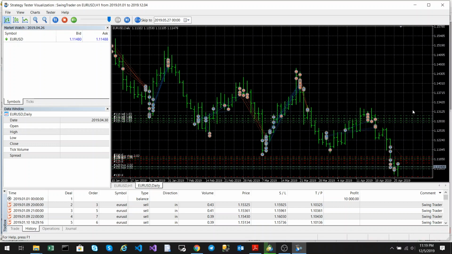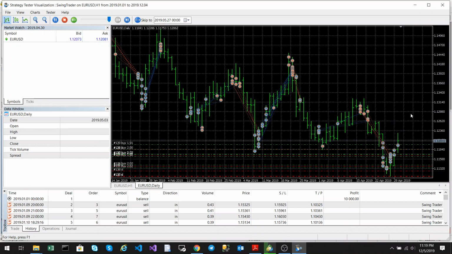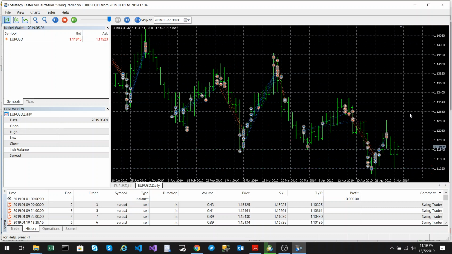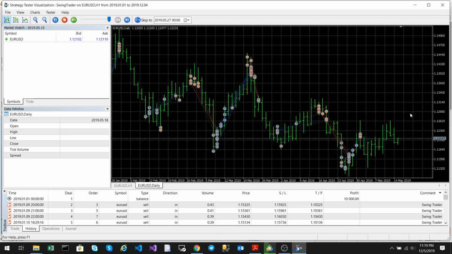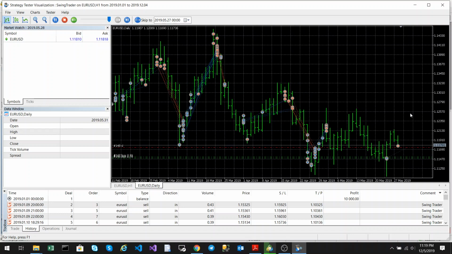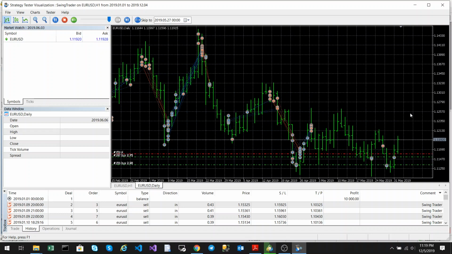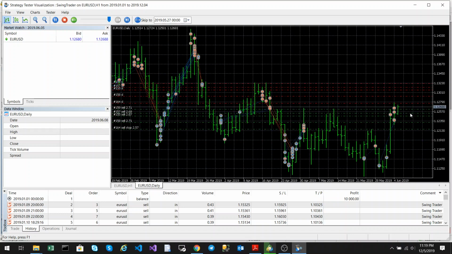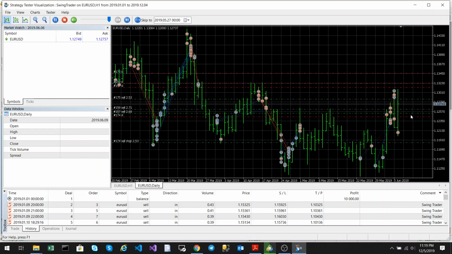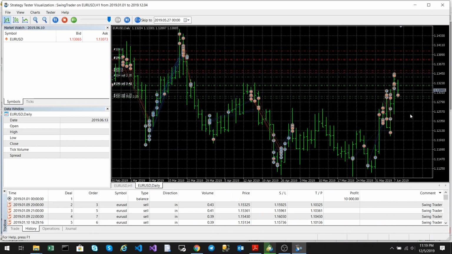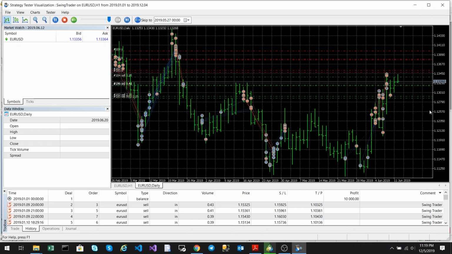This strategy is very good for trending markets, or there we go, just placed another trade. We'll probably place about 1 or 2 trades a week and hold on for at least 2 to 3 days.